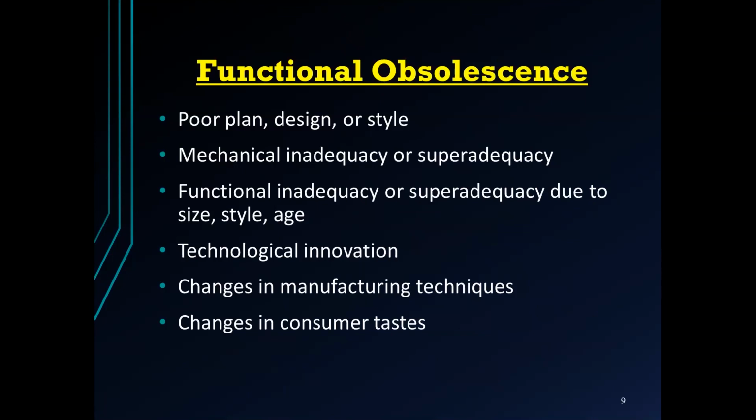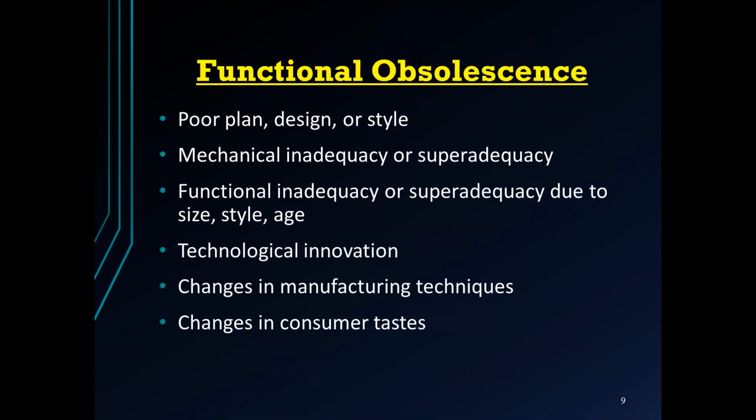Because there's this excess capital built into it, because you overbuilt or overinvested, you put in too much capital investment, and so now that property is super adequate, and it actually affects the value of that property.